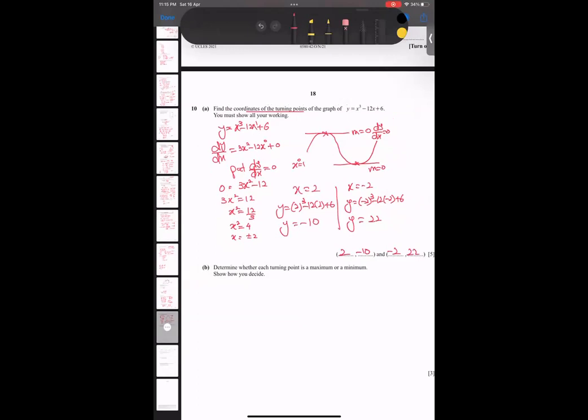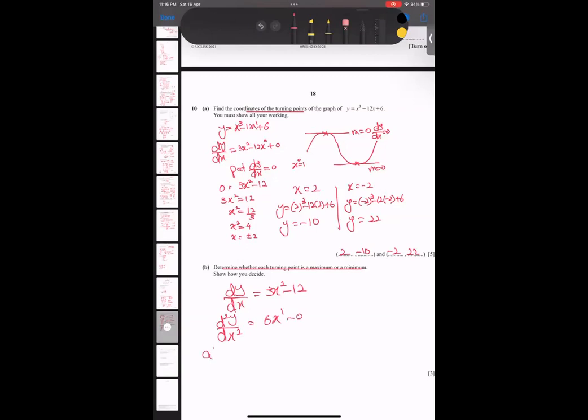Now he's asking for the nature: determine whether the turning point is a maximum or minimum. How to decide the nature? I will find another derivative. I have the first derivative, dy over dx is 3x to the power 2 minus 12. I will differentiate again, d2y over dx2: 3 times 2 comes down, 6x, and the 12 becomes 0.